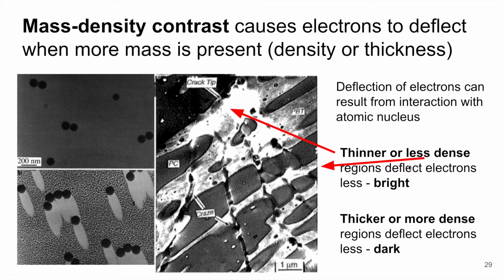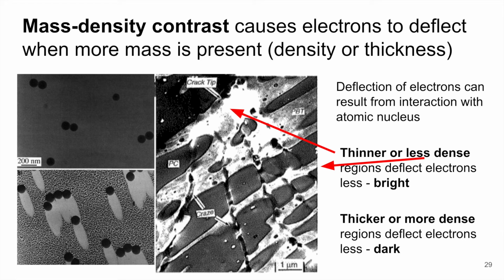You could be talking about a difference in phase or a difference in thickness. There are options here. In this sample, there appears to be a thin region in this part, but there can also be less dense regions as well. There appear to be multiple phases, and so the light regions will appear lighter as well.